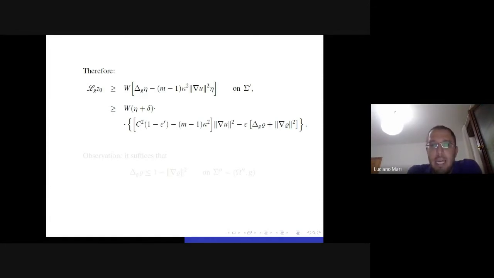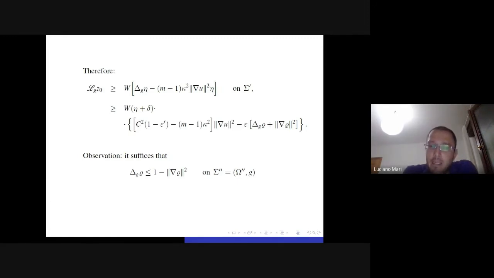So if we are able to get a positive coefficient in brackets, we are done. So the observation is that it suffices that the Laplacian of rho and grad rho are bounded jointly and not separately, like in the case of the distance function.